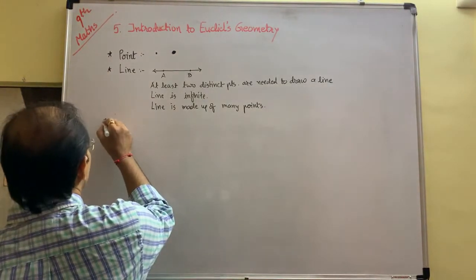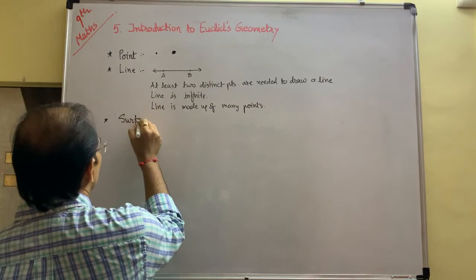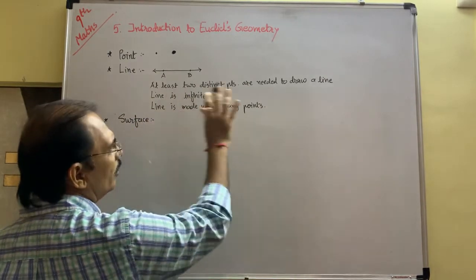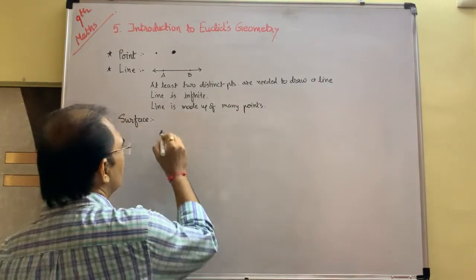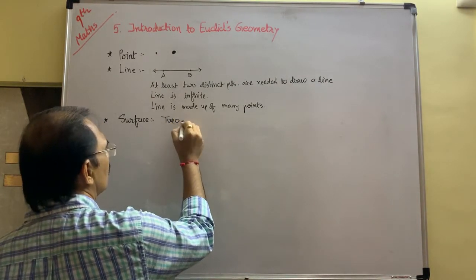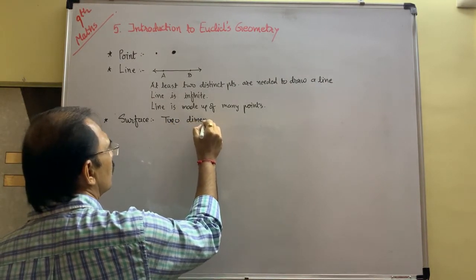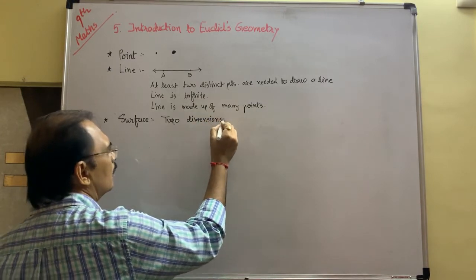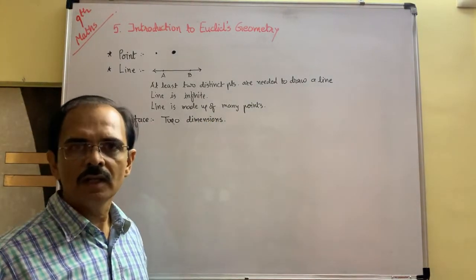Now, surface. Board is the surface. So, surface has 2 dimensions. We call it length and breadth.